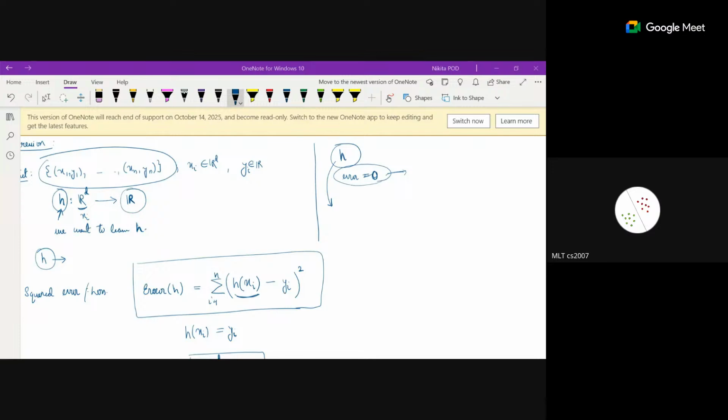The set of all functions that we can consider for h is the linear function, which we have defined as w transpose x, right? So this very simplest linear model is what we're looking at. w transpose x is the set of functions that we're considering.